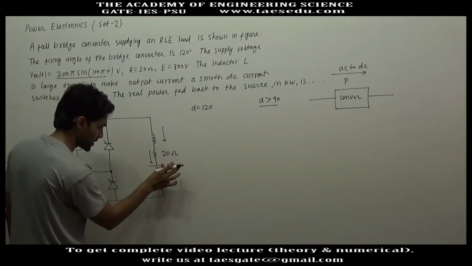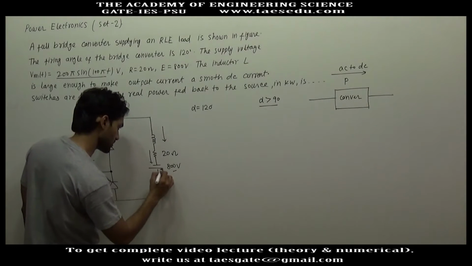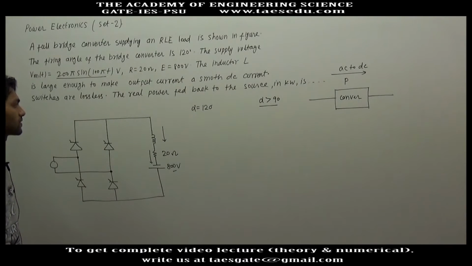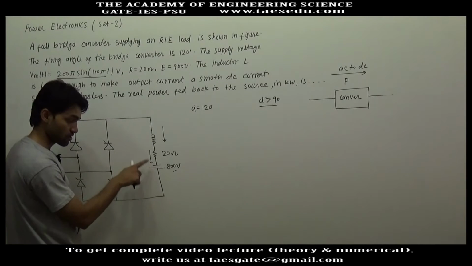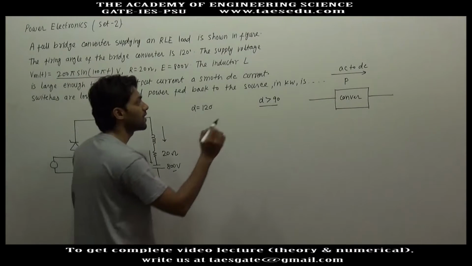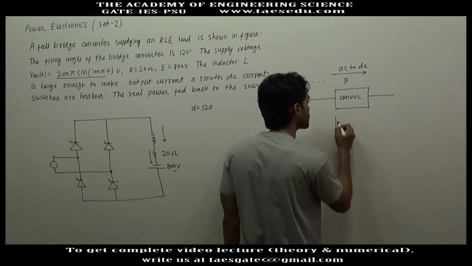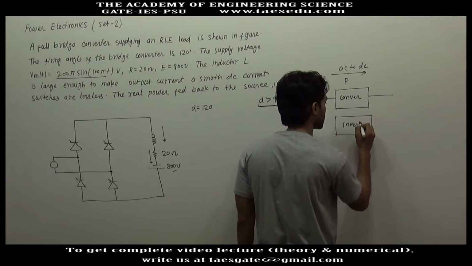Okay. Here polarity will be reversed, otherwise current will not be continuous. But if the polarity of the voltage source, constant voltage source or DC voltage source is reversed and alpha is made greater than 90 degree, this converter is operated as an inverter.